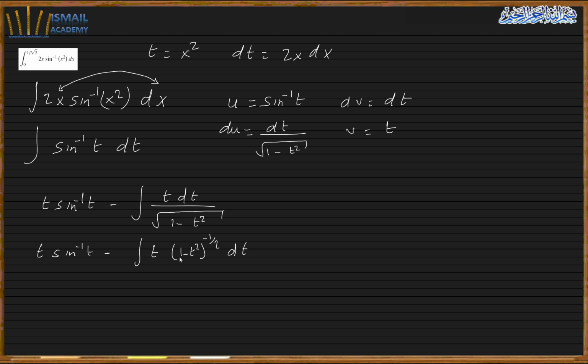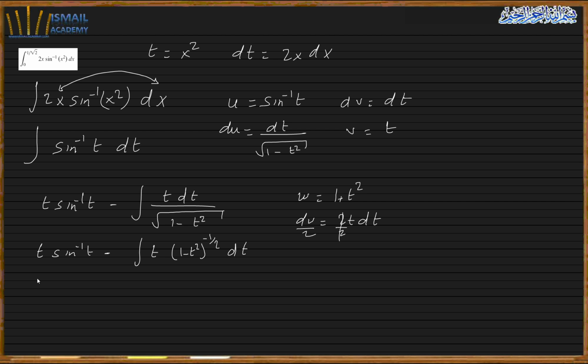And here I'm going to use substitution, so my w will be 1 plus t squared. Keep in mind we have double substitution, we need to substitute back before we give the answer, so before we use the boundaries. So here dw will be 2t dt, so if I divide by 2, I get my t dt.